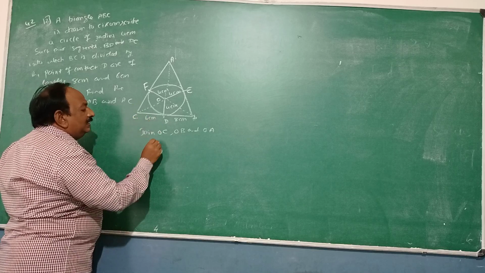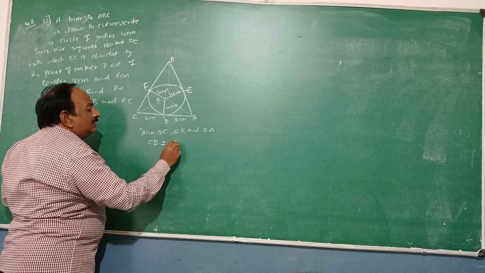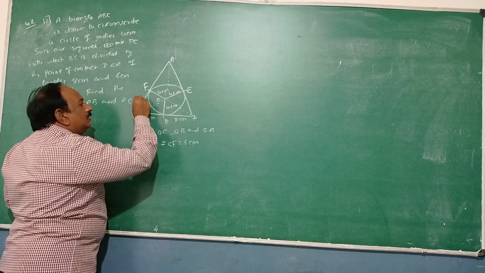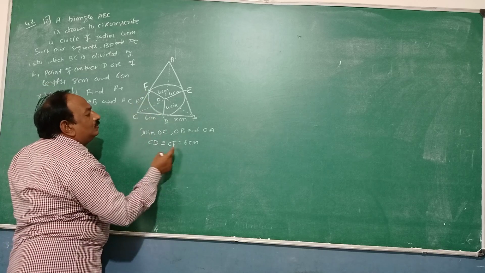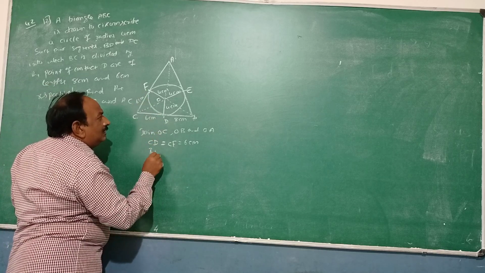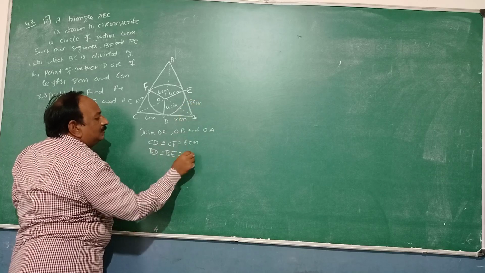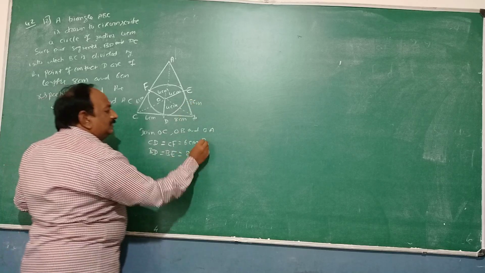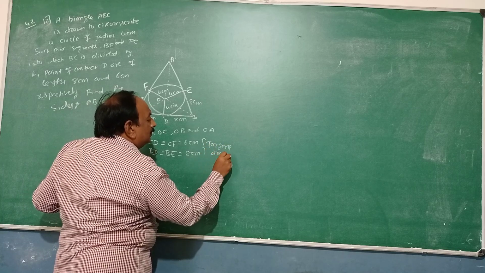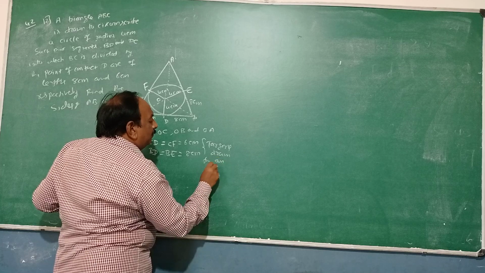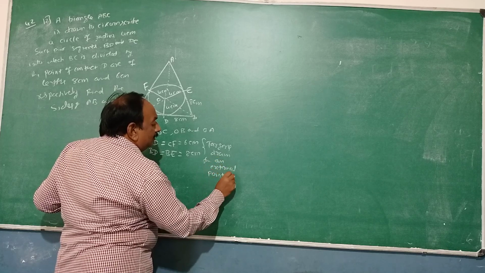Then CD is equal to 6 centimeter. CF is also 6 centimeter. CD is equal to CF is equal to 6 centimeter. BD is equal to BE is equal to 8 centimeter. Reason: tangents drawn from an external point are equal.